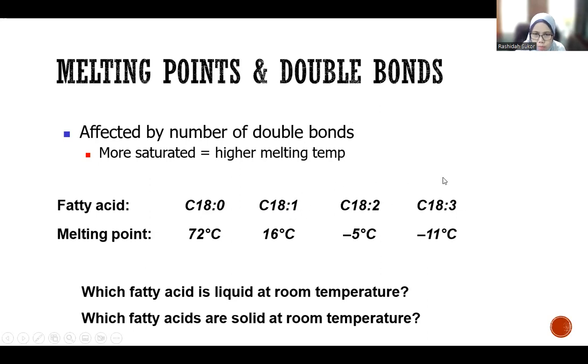So the more double bonds, although they are the same number of carbon, they are more liquid in nature. So the liquid ones have a lower melting point. The one with no double bond has a very high melting point. You have to heat this stearic acid as high as 72 before it starts to melt.